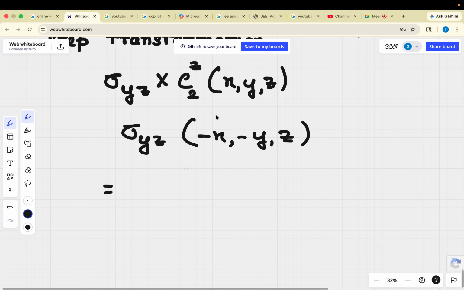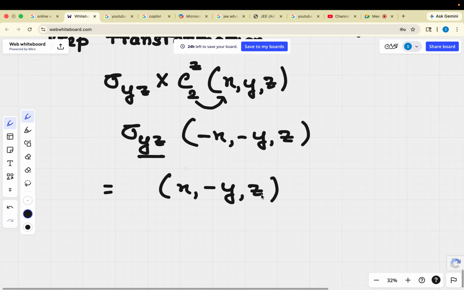And next, if you operate C2z operator on xyz coordinates, you are getting minus x minus y z. Now if I operate this sigma yz operator on this, so what I will get? yz will not change but x will change, right? Because you are operating sigma yz, so yz will not change but x will change. So what I am getting, x minus y z.